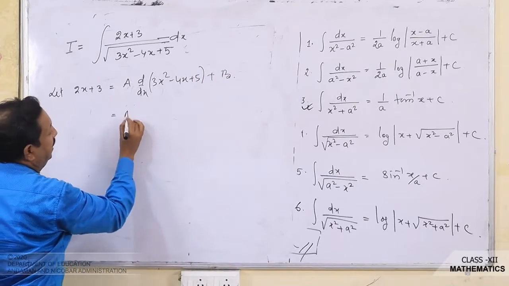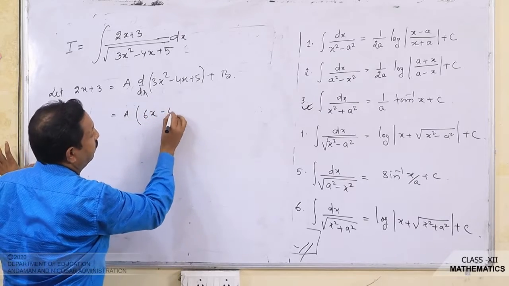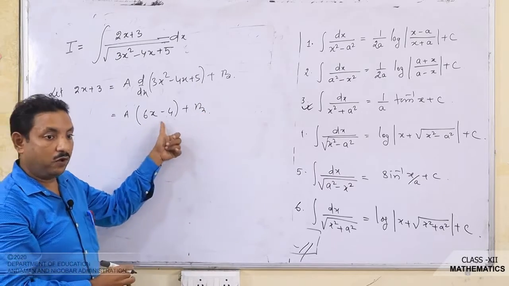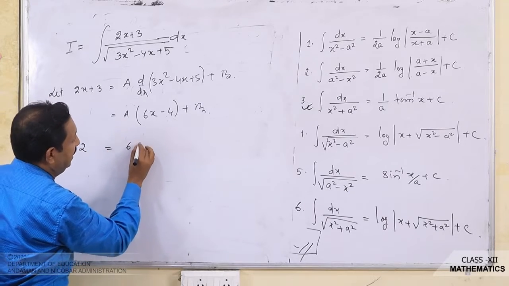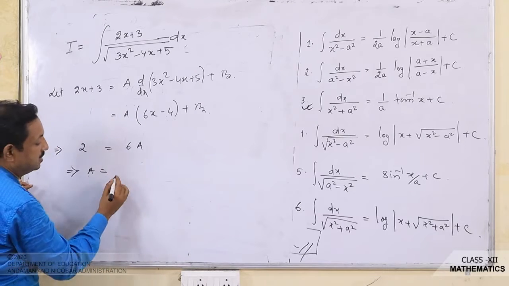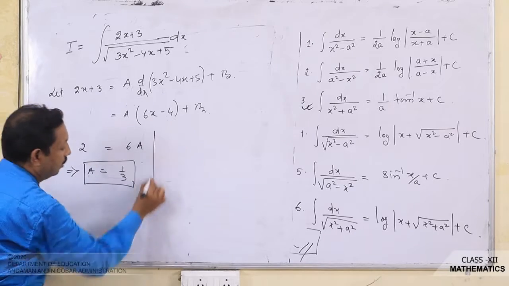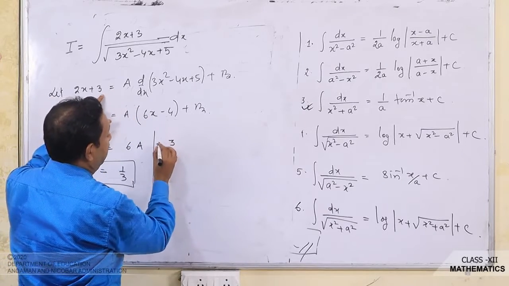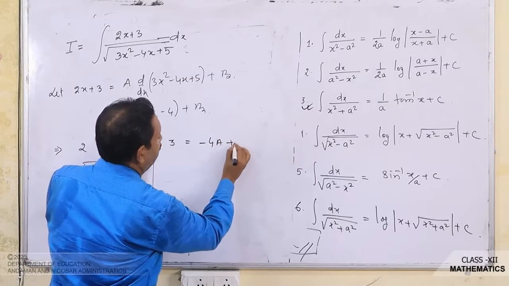So, this implies a times the derivative, which is 6x minus 4, plus b. Now, comparing the coefficient of x from both sides, here you have 2 and here you have 6a. This implies a is 2 by 6, that means 1 by 3. Similarly, we compare the coefficient of constant now. Here we have 3, this implies 3 equals minus 4a plus b.